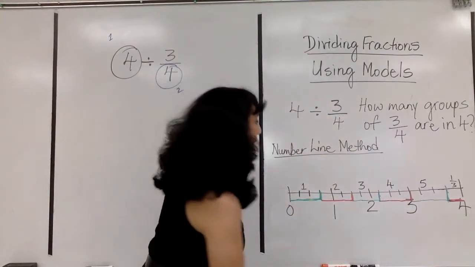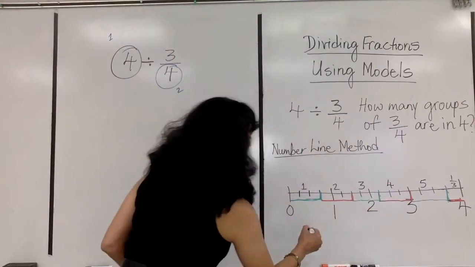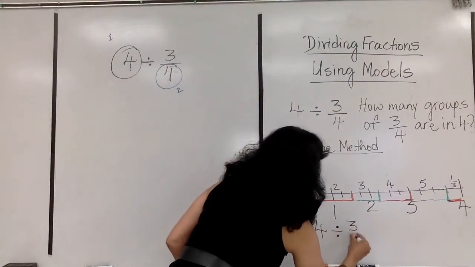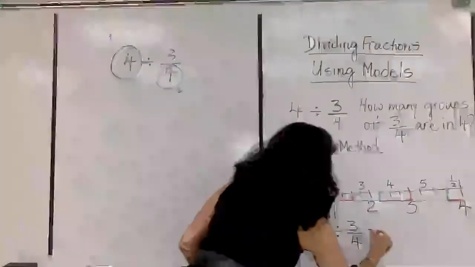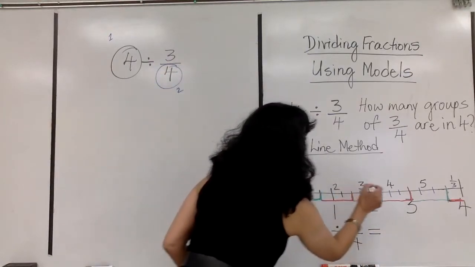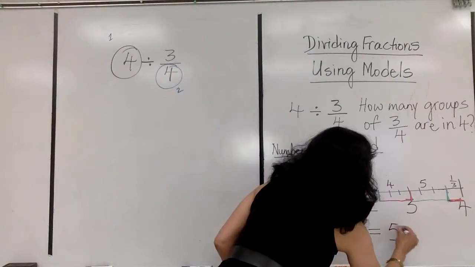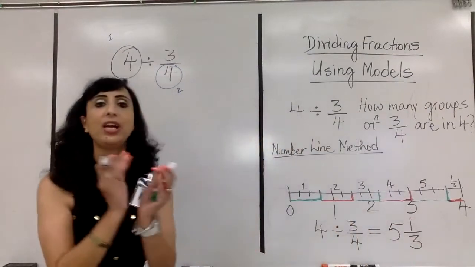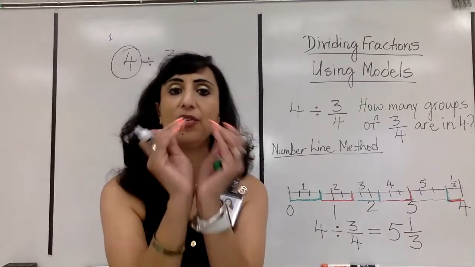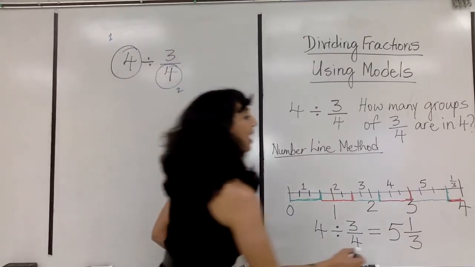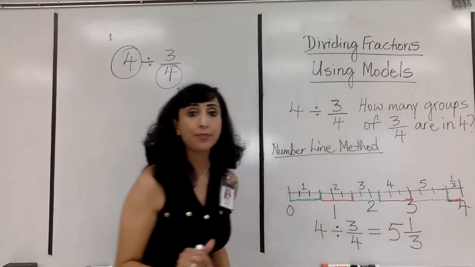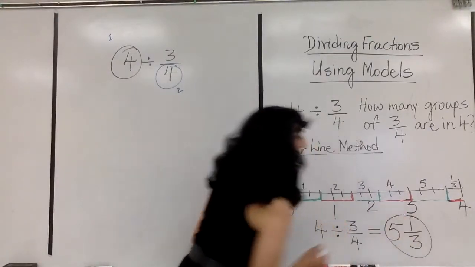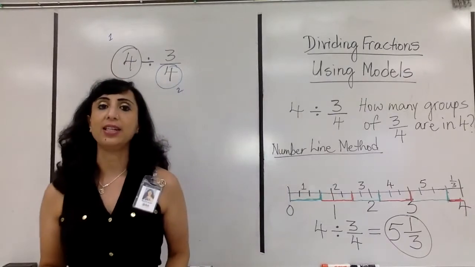So my answer, 4 divided by 3/4, is equal to 1, 2, 3, 4, 5. And since each group is comprised of 3 parts, and I only have 1 out of the 3 that comprises the group, therefore 5 1/3 is my final answer.